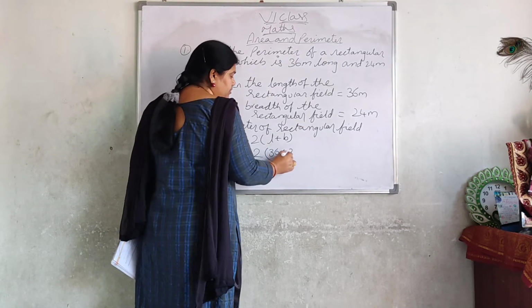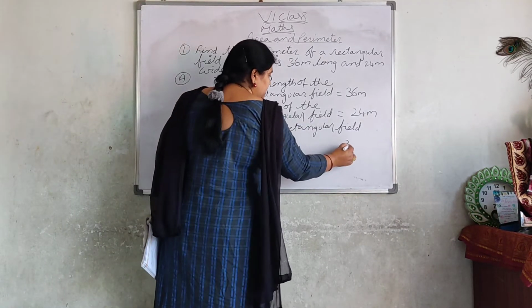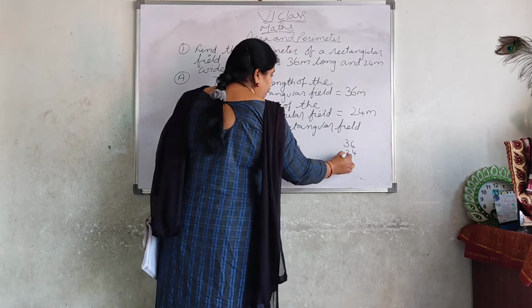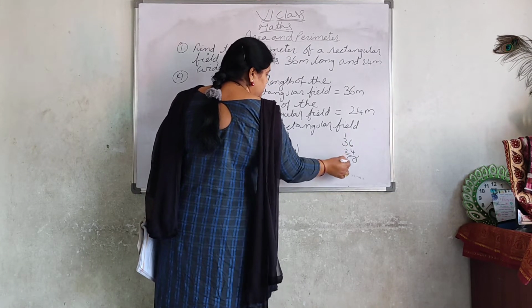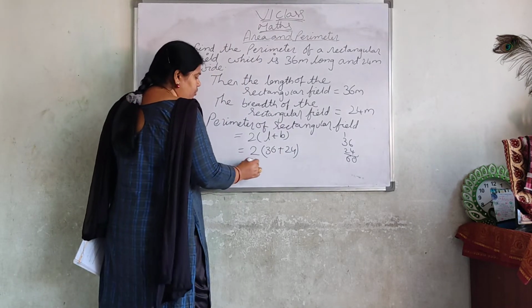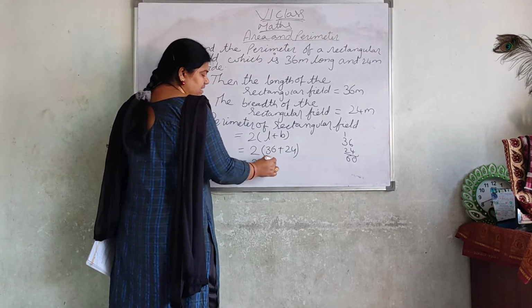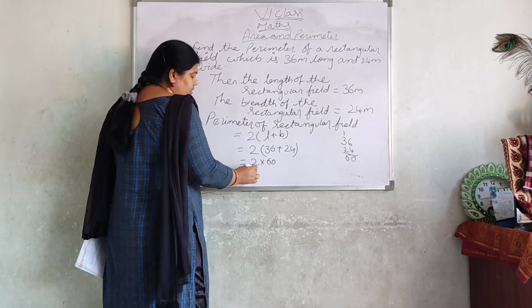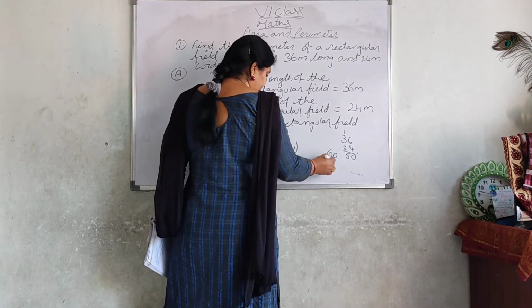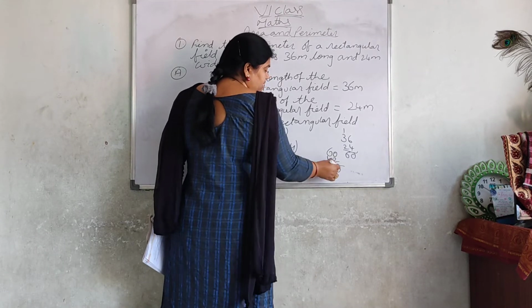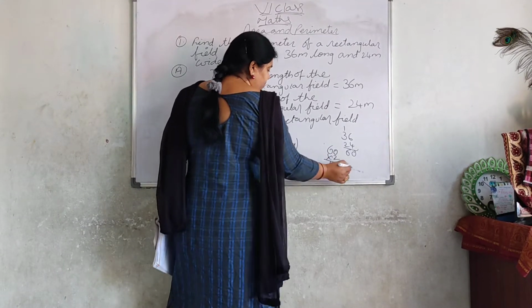What is breadth here? 24. Now 36 plus 24. 6 4s are 10, 1. 3 plus 1 is 4, 4 plus 2 is 6. That is equal to 2 into 60. That is equal to 120 meters. Means 60 into 2. 2 zeros are 0, 2 6s are 12, so 120 meters.